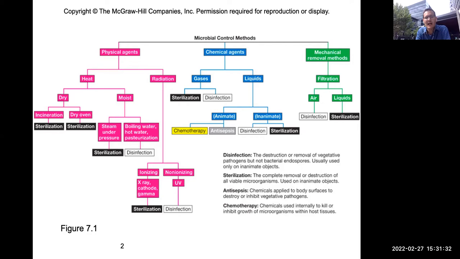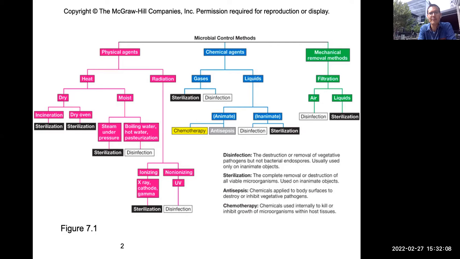Antiseptics are chemicals which are applied to body surfaces to destroy or inhibit vegetative pathogens, so pathogens that are capable of growing or are actively growing. If you put an antiseptic on your skin, like an alcohol-based antiseptic, for example, that will inhibit those microorganisms that are there and capable of active growth.